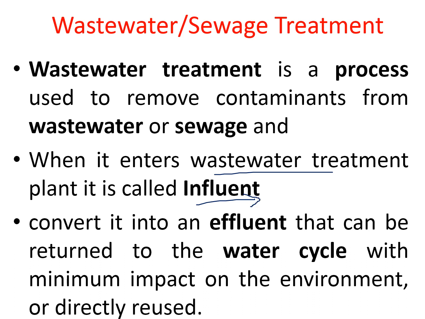So whatever comes to your wastewater treatment plant is your influent, and after complete treatment it is called the treated effluent. Once it is treated, this treated effluent can be returned to the water cycle, meaning we discharge it in a nearby river or stream with minimum impact on the environment. And if we go for further treatment beyond the conventional one, that is, applying advanced treatment, then it can be directly reused or recycled.